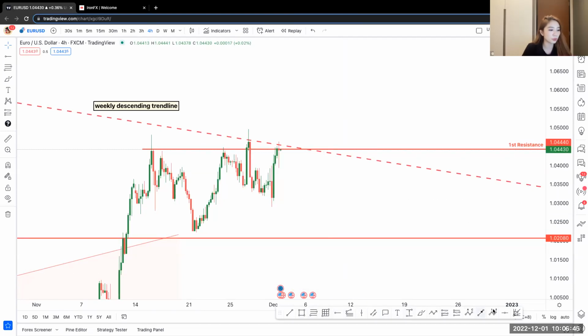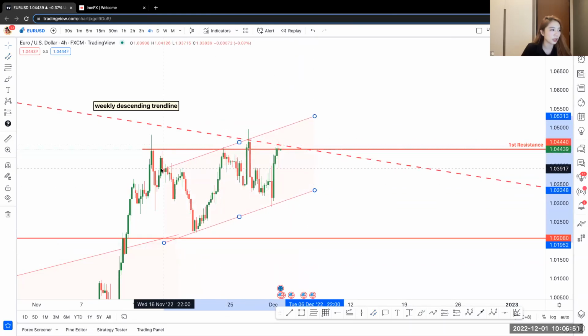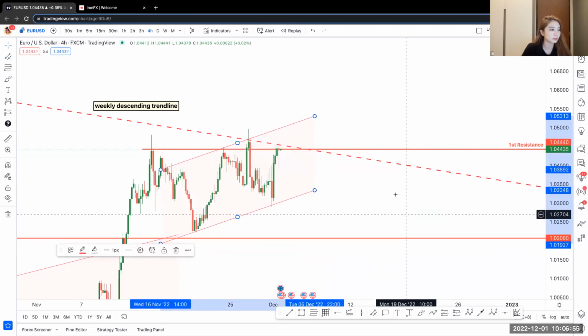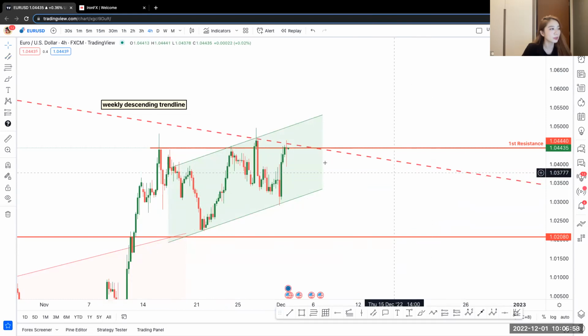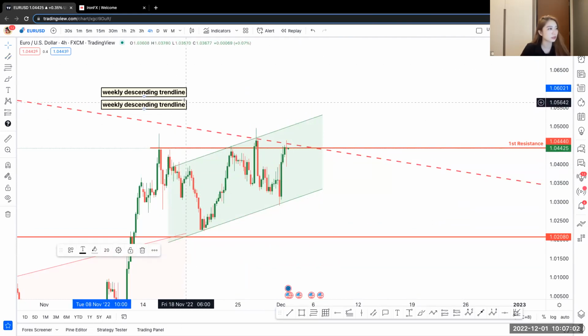However, if you take a closer look, you could see that there is also a channel pending to form that is an upward movement, even though the big trend is downwards.